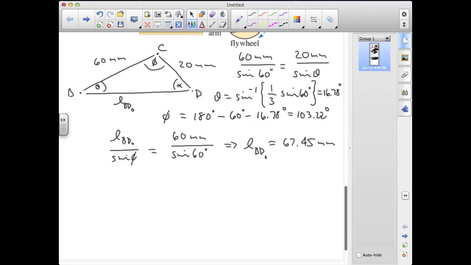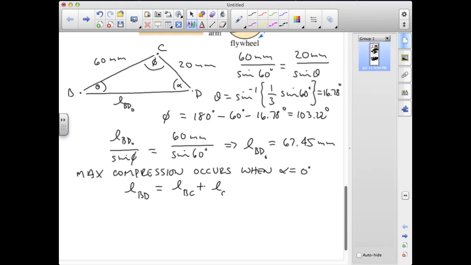Now I'm in a position to determine the maximum compressive and tensile forces. The maximum compression occurs when alpha is 0 degrees, and there the length of BD would simply be the length of BC plus the length of CD, and that would equal 80 millimeters.